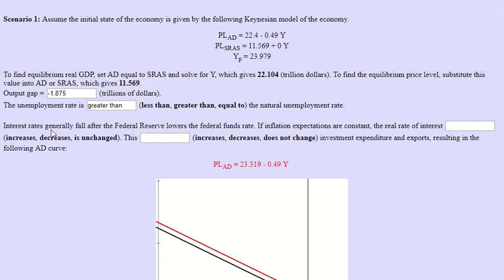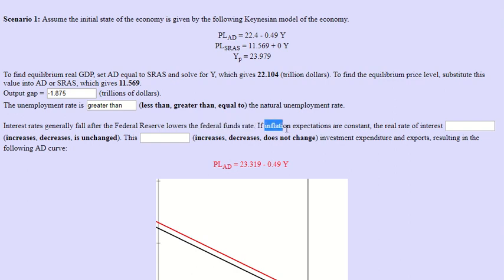Okay, so this is where the Fed steps in. Interest rates generally fall after the Federal Reserve lowers the federal funds rate. This is the rate the Fed controls. It is the interest rate that one bank will charge another bank because that other bank needs reserves to meet its reserve requirement. So it takes out a loan from another bank, and the interest charged on that loan is the federal funds rate.